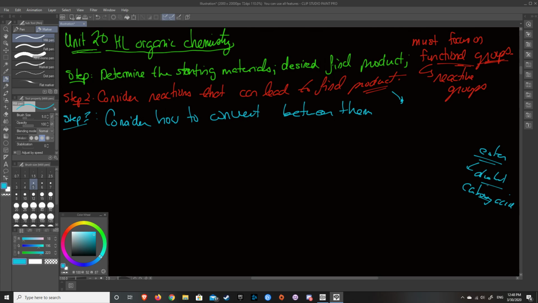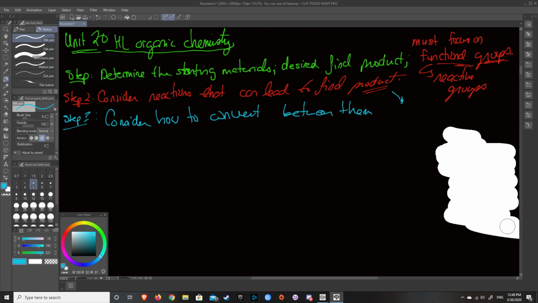Then you could say, okay, well, alcohols are pretty easy to get. We just need to have a hydroxide and react it with a halogenoalkane. Whereas carboxylic acids, we can take a primary alcohol and we can just oxidize it to a carboxylic acid. So there's multiple ways to get through this.